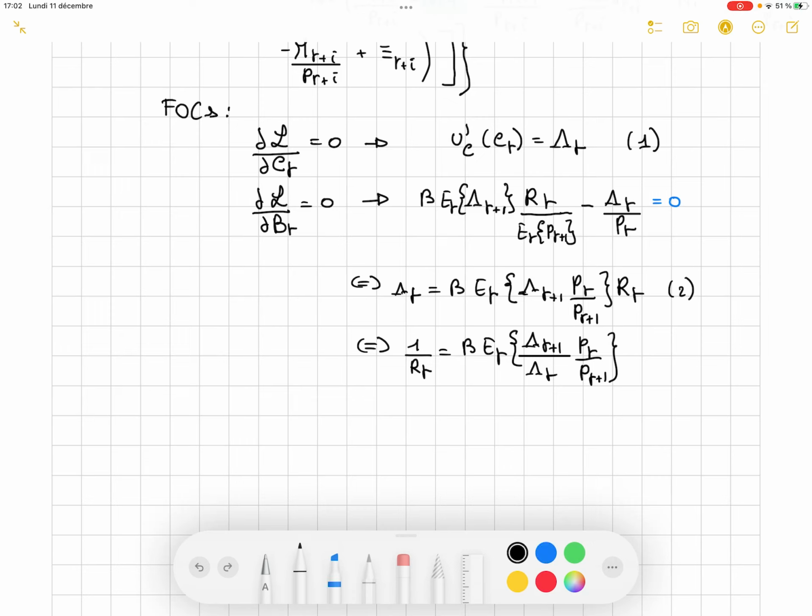We know from equation 1 that this is the marginal utility of consumption at the current period, and we know from the same equation that this is the marginal utility of consumption at the next period. So the left part of the equation is what you lose if you decide to give 1 unit of income to another person in order to get an interest on it, because you cannot consume this unit.